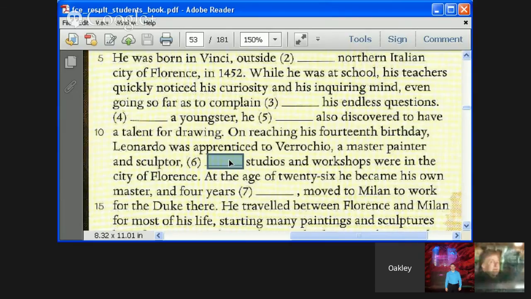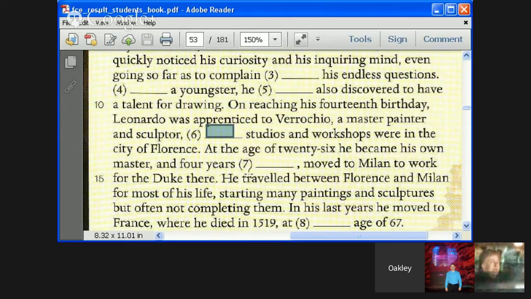So Verrocchio possesses the studios and workshops. It's rarely used because it's rarely needed. It's fallen out of favor or popularity. You don't need to use it very often. Okay, but that's it. All right, very good.